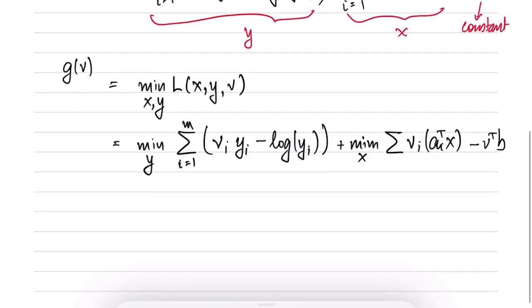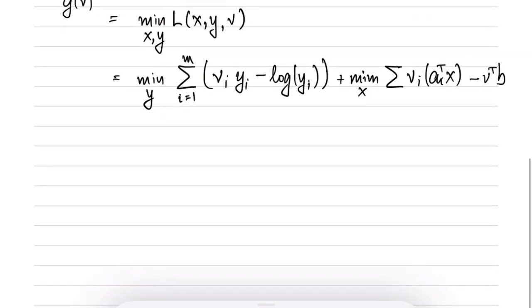So we have separated out in terms of x and y, and in fact the first term can be further separated because each of its summands depends on a different yi. So further separation is possible, and we can interchange the minimization and summation operation.